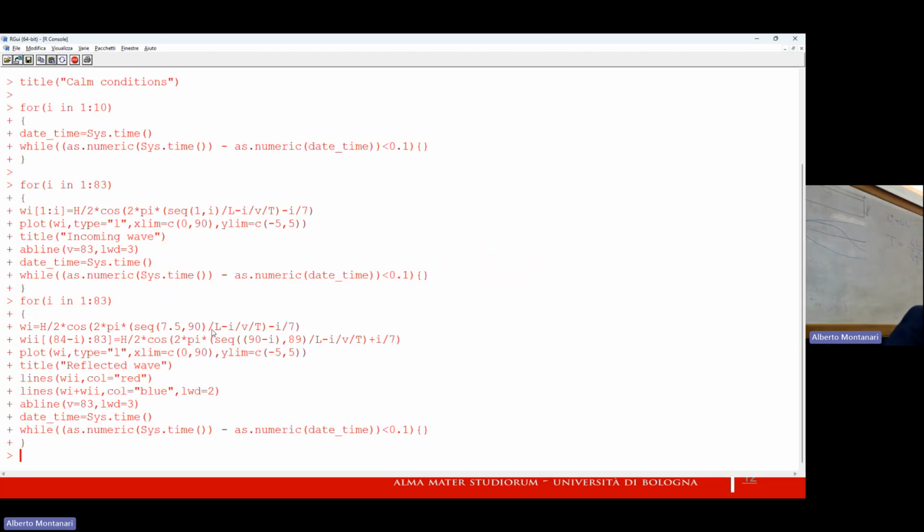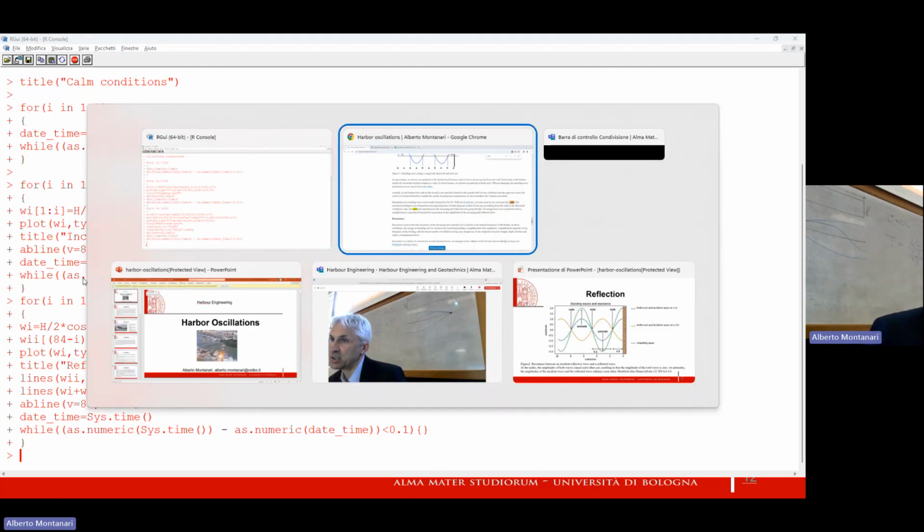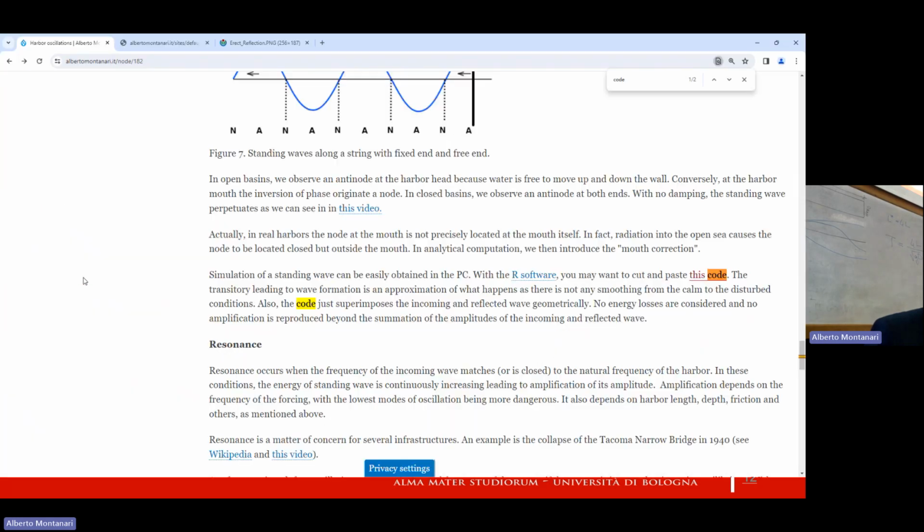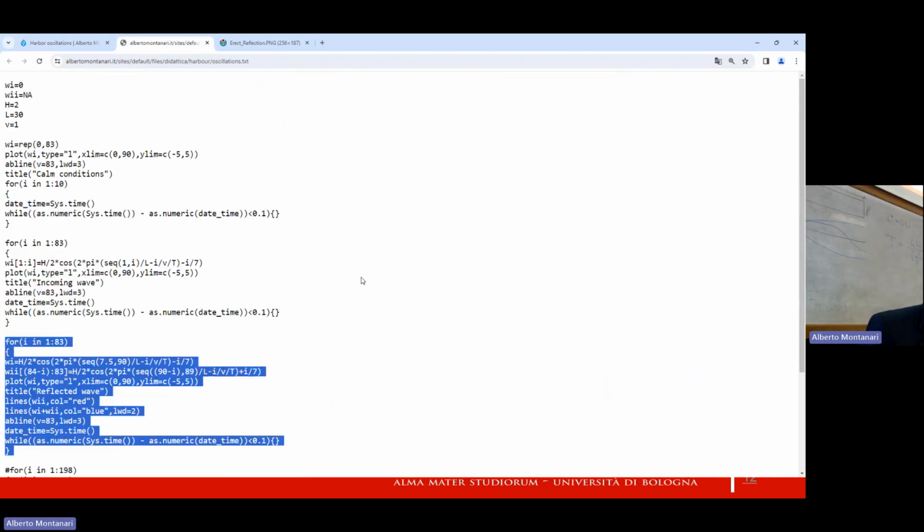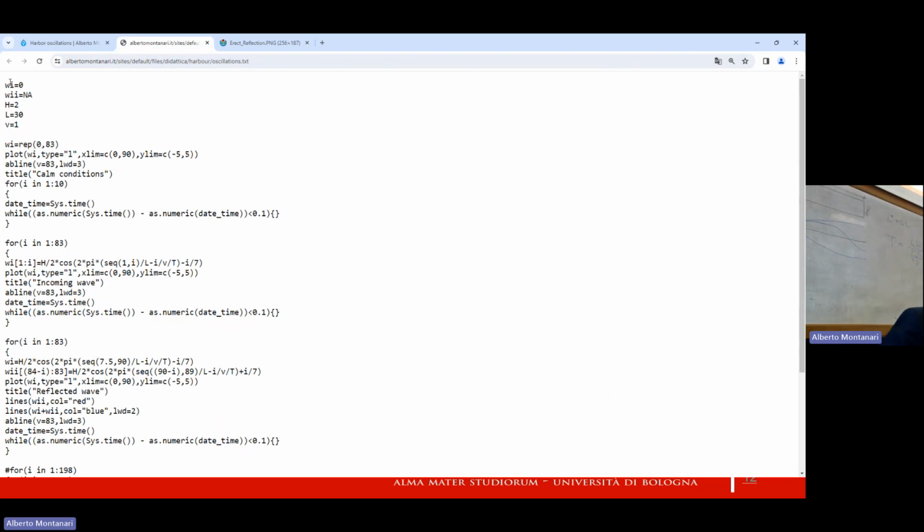One second, I want to see. So this code, it is understandable from you. These are the data. The data is just the amplitude of the wave, the length of the bay, and the velocity, the celerity. And here, the plotting of calm conditions, it's trivial. Just look at the instructions here.